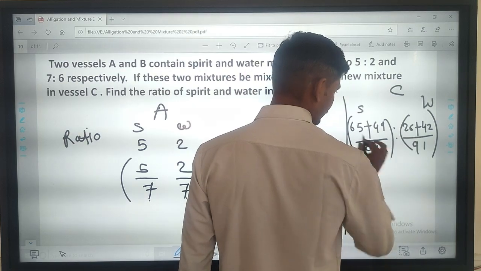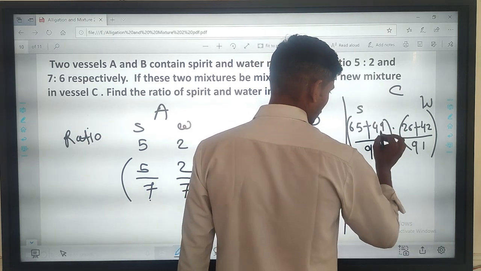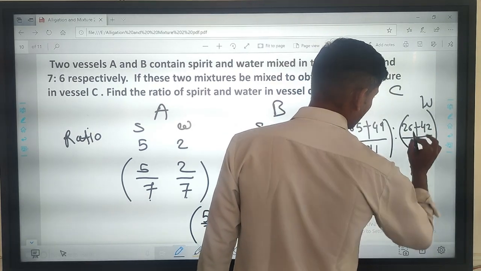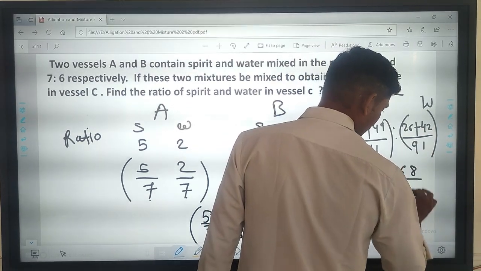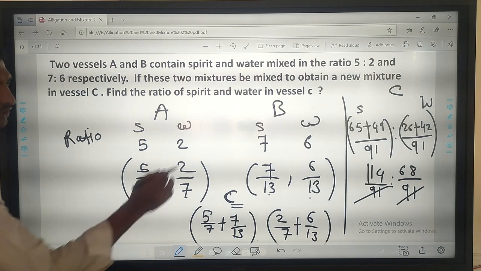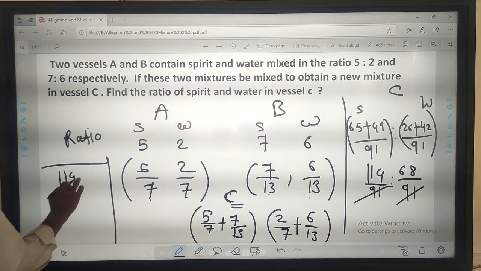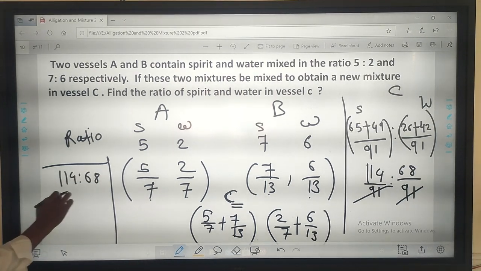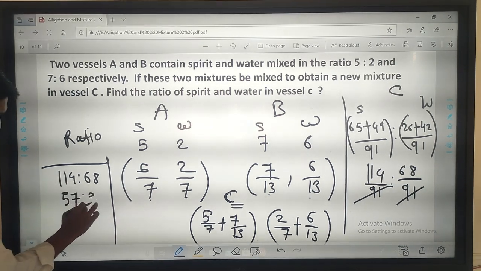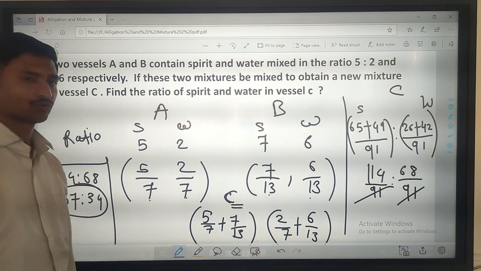The 91 gets cancelled. Then your ratio answer is 140:68, that is 57:34. Your ratio is 57:34. We stop here.